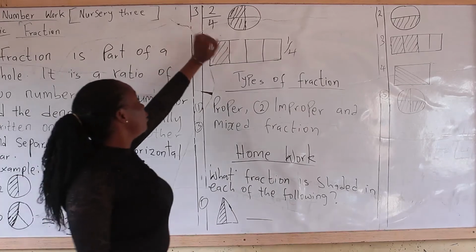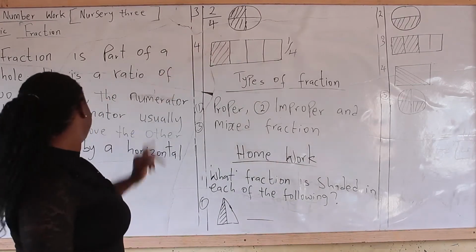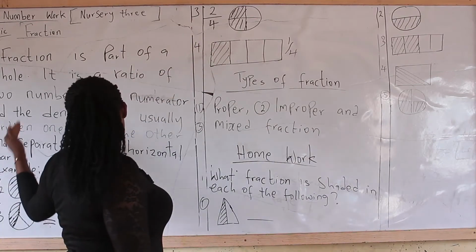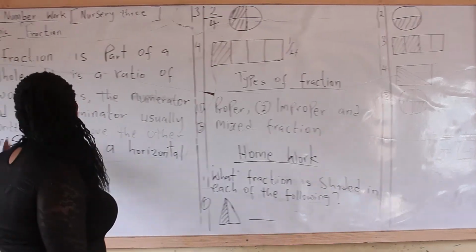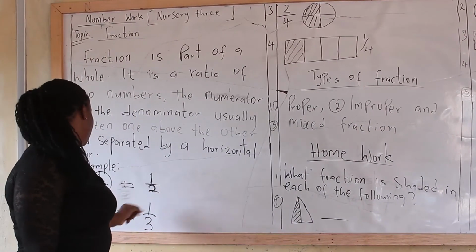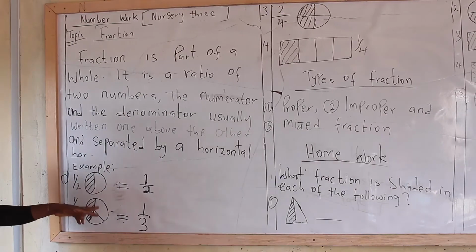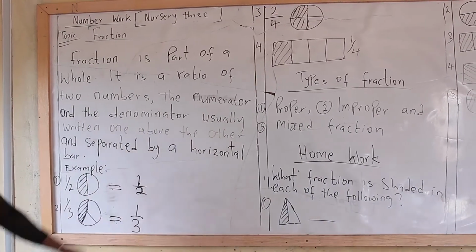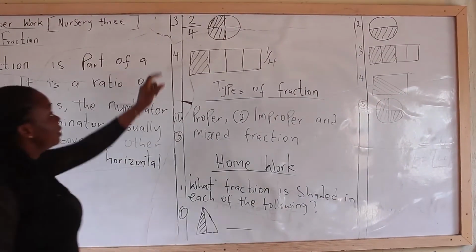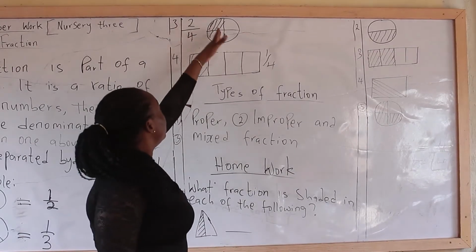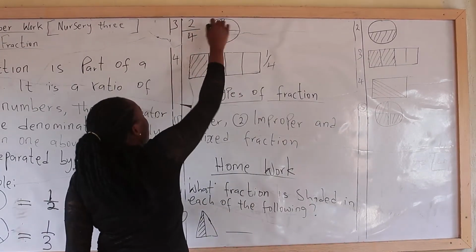This is another orange. Remember the previous one was divided into 2, and we have 1 over 2. The second one was divided into 3, and you have 1 over 3. Then the third orange is divided into 4 equal parts.